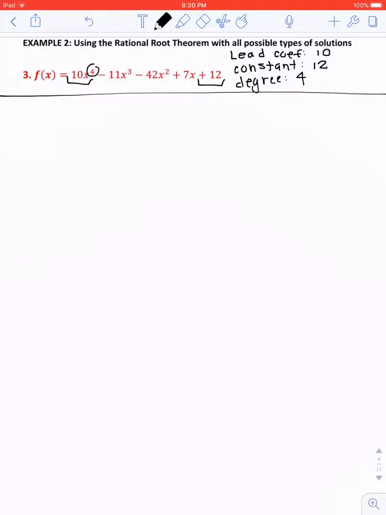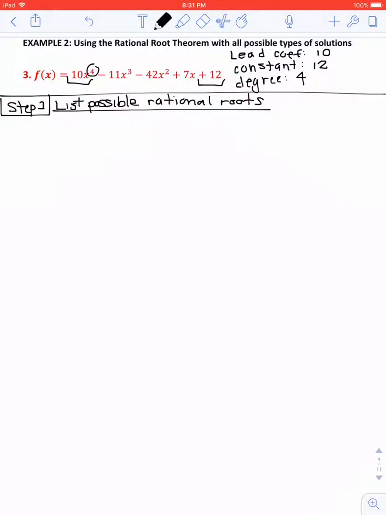Great, so starting our 4 steps. So step 1. Step 1 is we're going to make our list using that rational root theorem. So we're going to list possible rational roots.